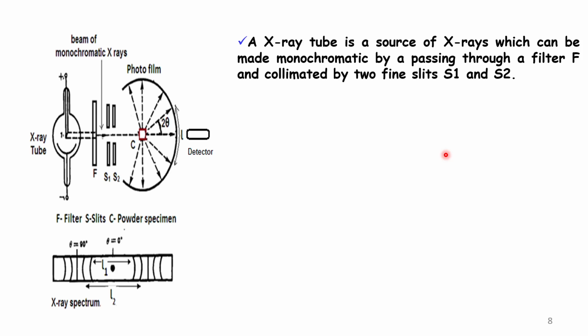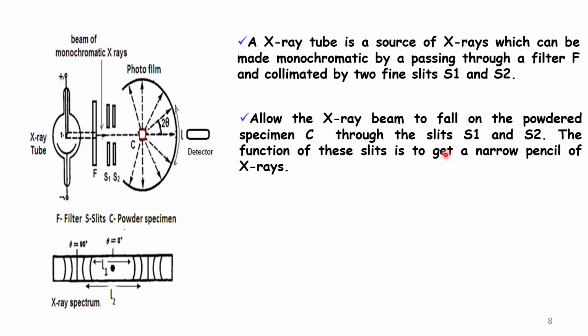After passing the polychromatic X-ray beam through the monochromator, we get a monochromatic beam of X-ray, and it is collimated by the two fine slits S1 and S2. The X-ray beam is allowed to fall on the powder specimen C through the slits S1 and S2. The function of these two slits is to get a narrow pencil beam of the X-ray.